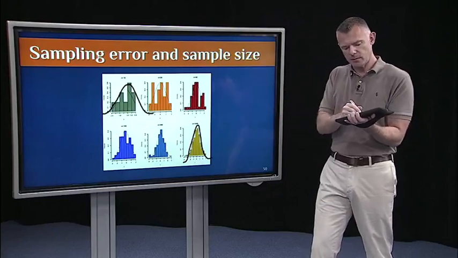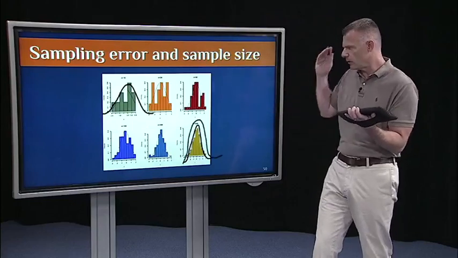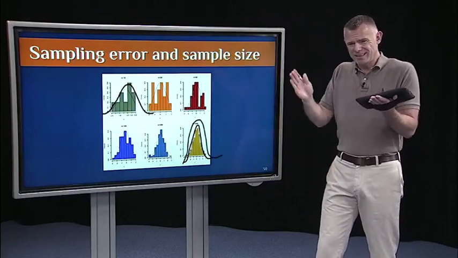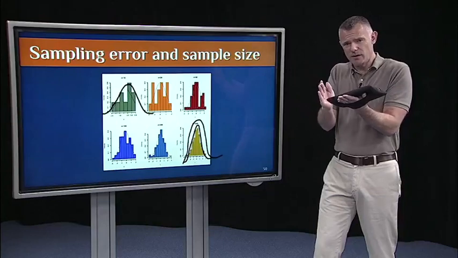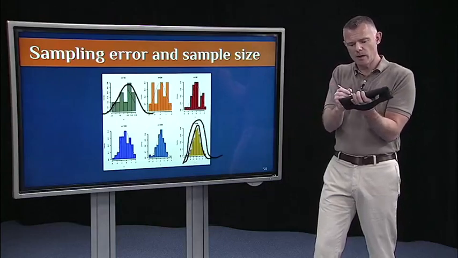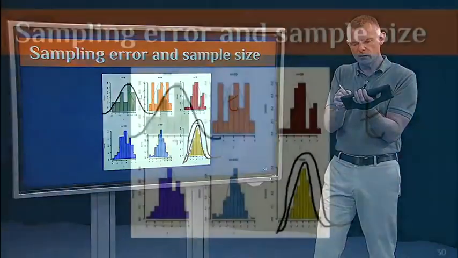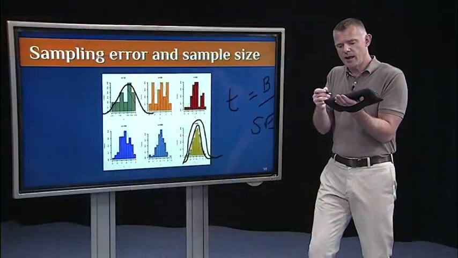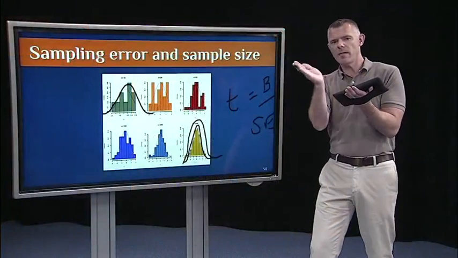That's like this example here. Let's take it even further. Imagine we had 1 million subjects in our sample. Then the standard error would get really, really small, and that distribution would get really, really tight. But remember, t equals b over standard error. If standard error gets so small, then it won't really matter what my slope is.